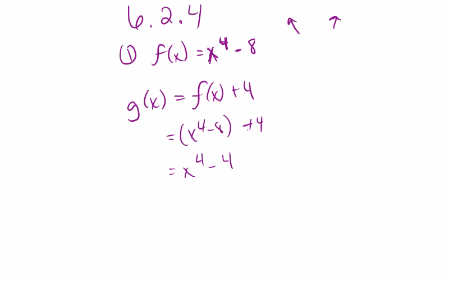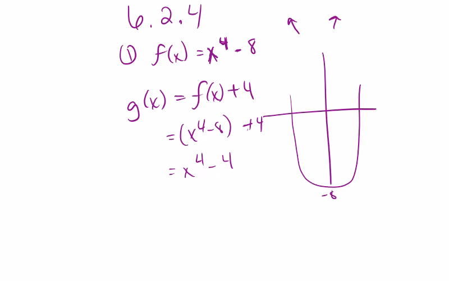So it was down 8, now it's down 4 because we added 4 to it. You can graph it on your calculator if you would like to help you with your sketch. So your original graph would be something like this, and this would be a -8, and your new graph would be like this, and this would be a -4.